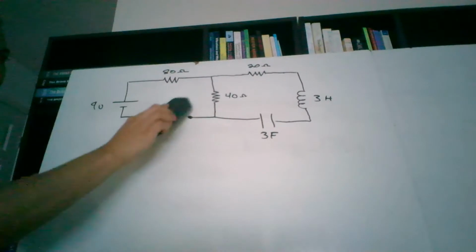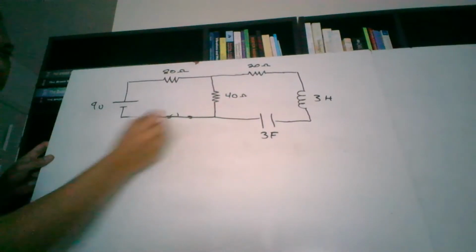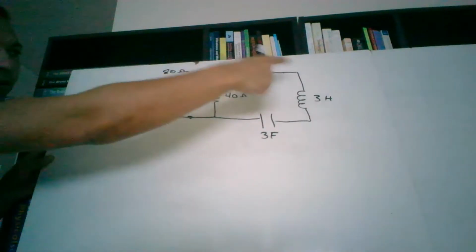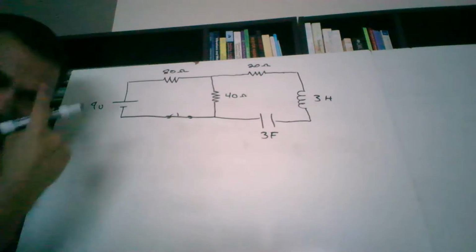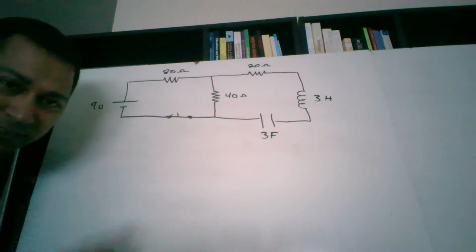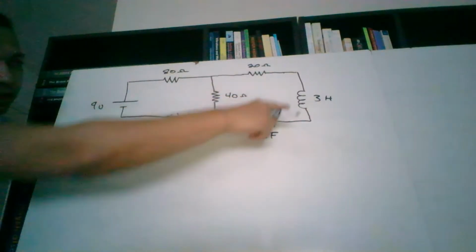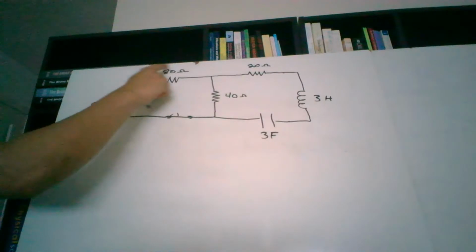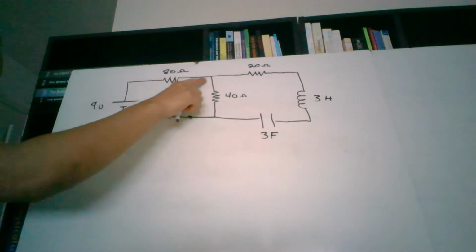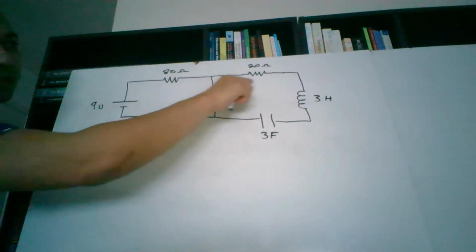It was connected, and you let charge go through here for a long period of time. Think about what's happening in the beginning: current would go through here, and at this point some of the current would go through here, some of the current would go through here.